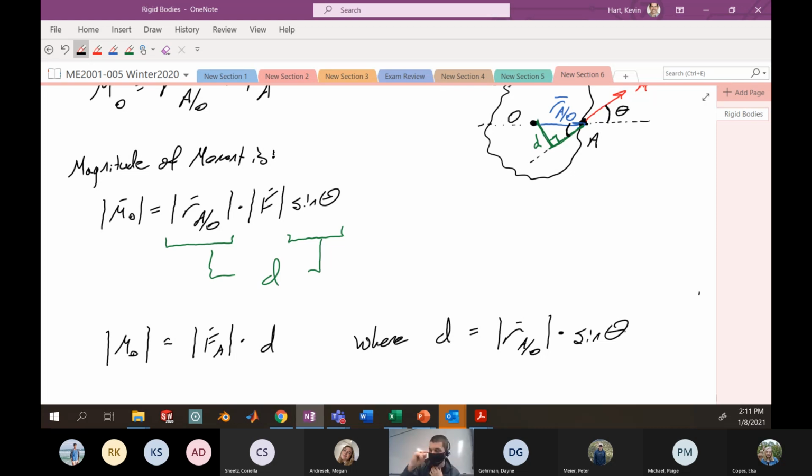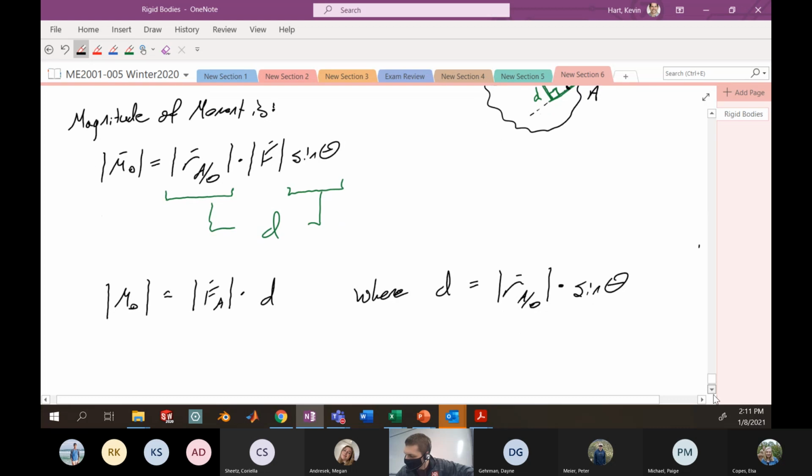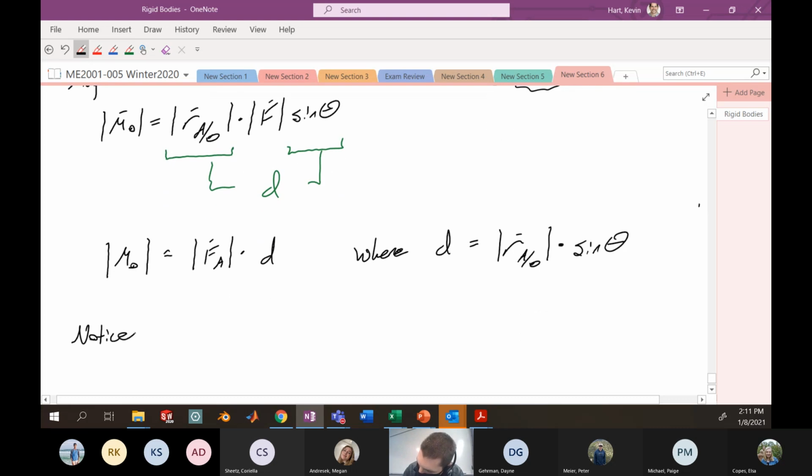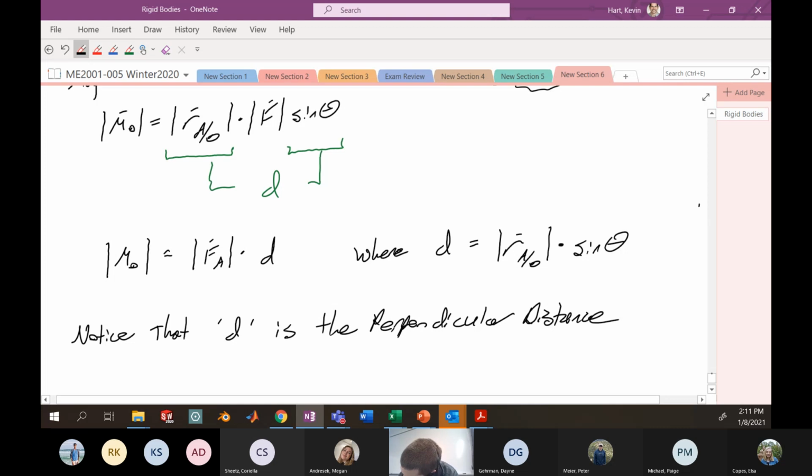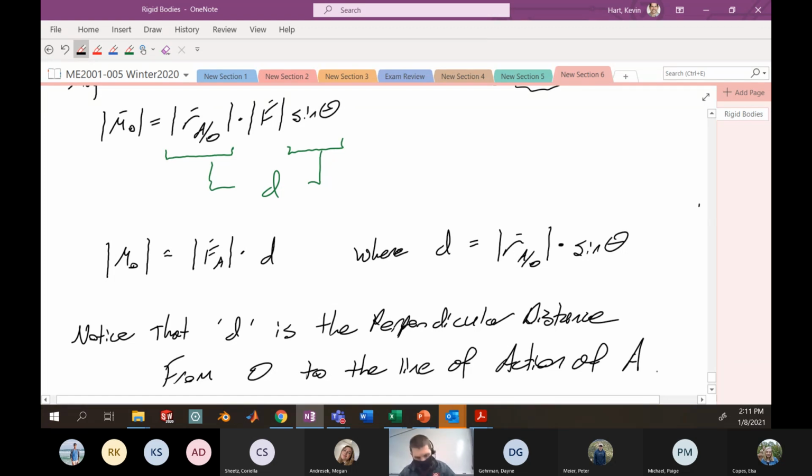So one last piece of information that is probably the most important is that we noticed that this d variable is the perpendicular distance from O to the line of action of A, or the force at A. Okay.